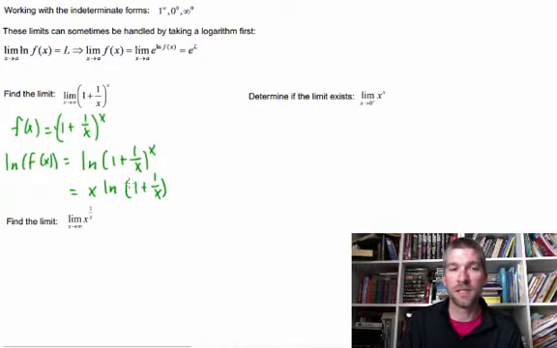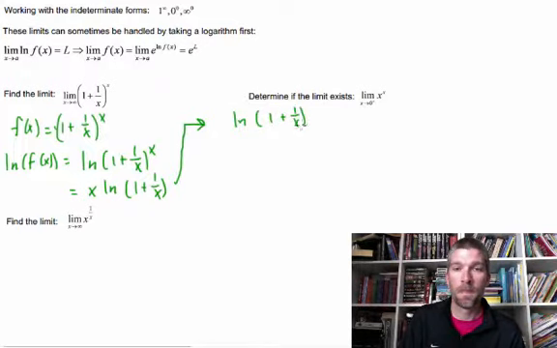Now, the only problem with this is it's not in a form where we could use L'Hopital's rule because we don't have a fraction. So I create a fraction with one more equality statement, and this is going to look really weird, but I'm going to take this 1 over x and watch what I do. I'm going to say I've got the natural log of 1 plus 1 over x, over 1 over x.